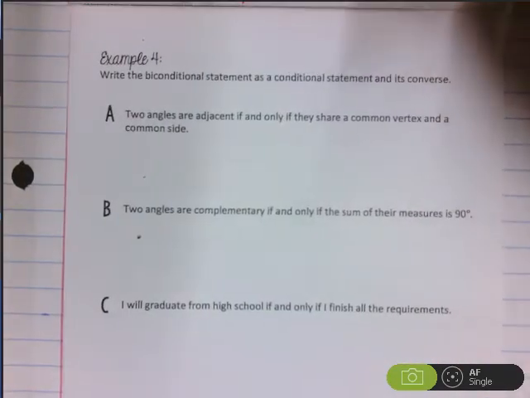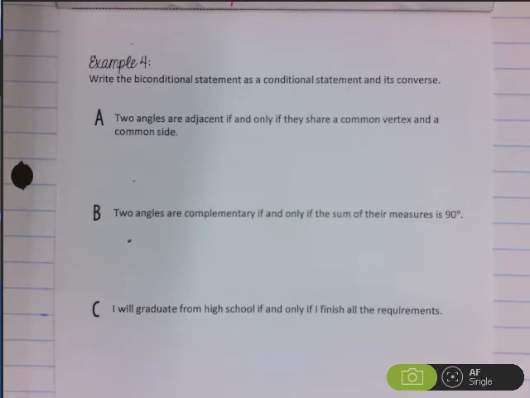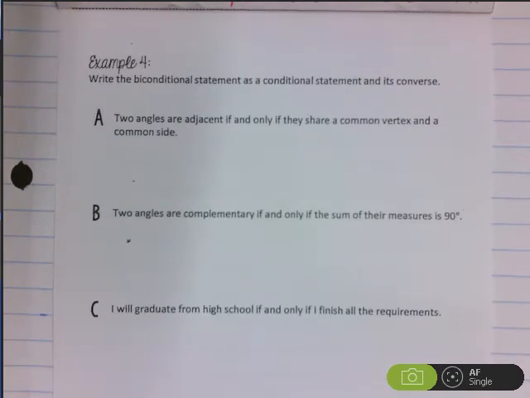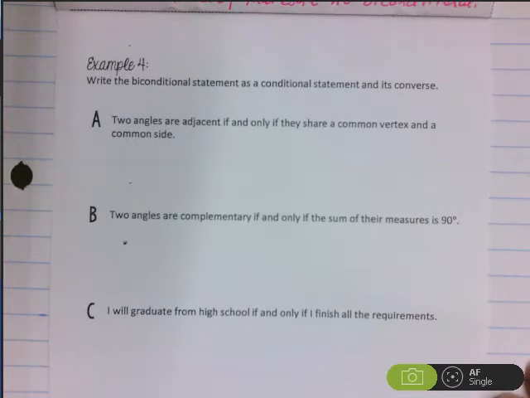We've got a few more examples down here. For this one, you're going to write the biconditional statement as a conditional statement and its converse. The first one says two angles are adjacent if and only if they share a common vertex and a common side.